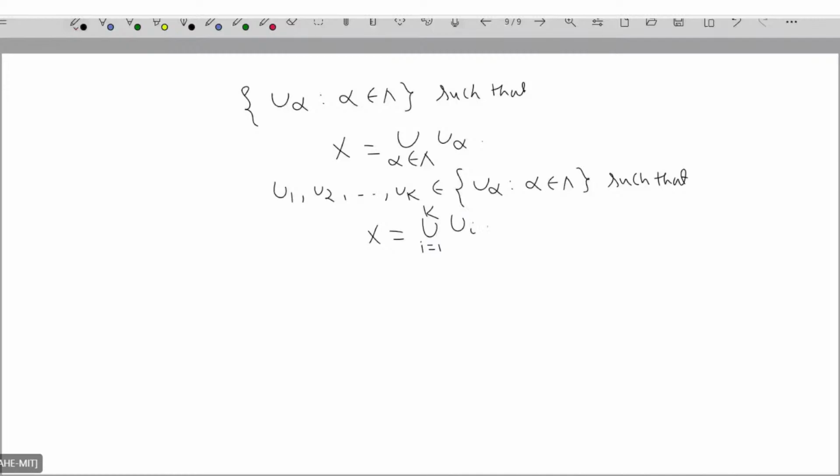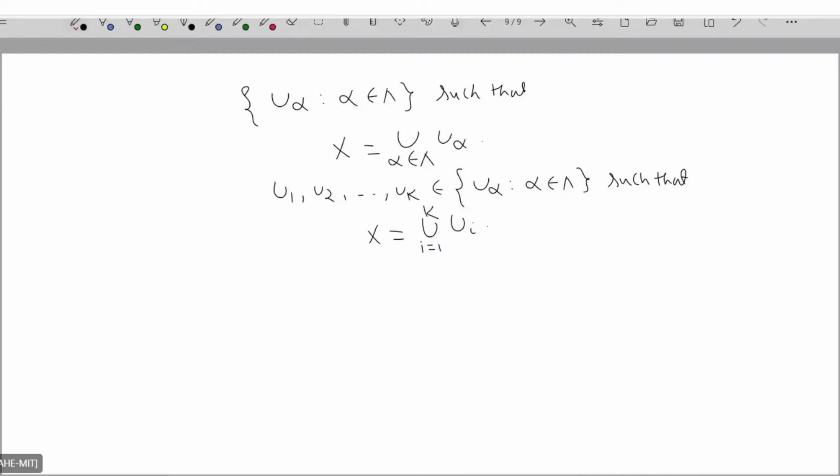So X can be written as a finite union. You can think about that: whatever open covering you have of the space, you can always find a finite number of elements from that collection which is going to cover the whole space. So that's the idea of compact subsets of X.